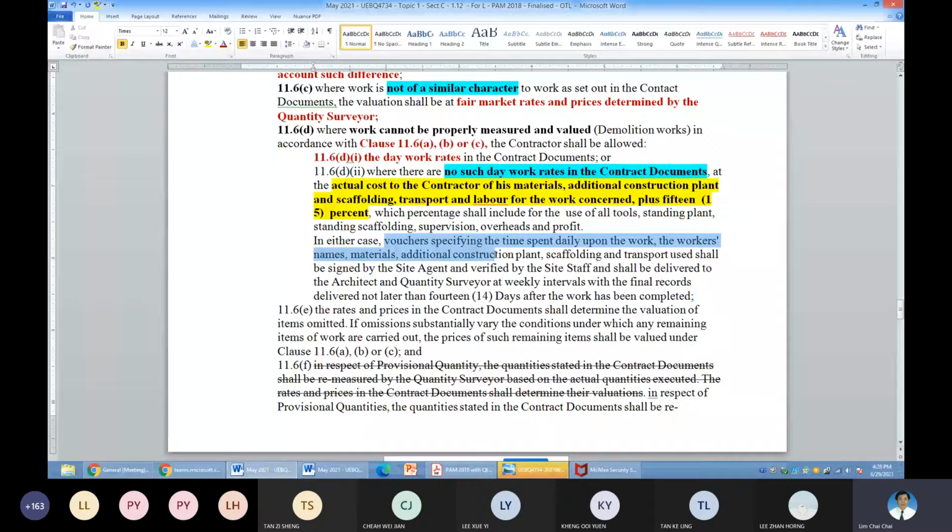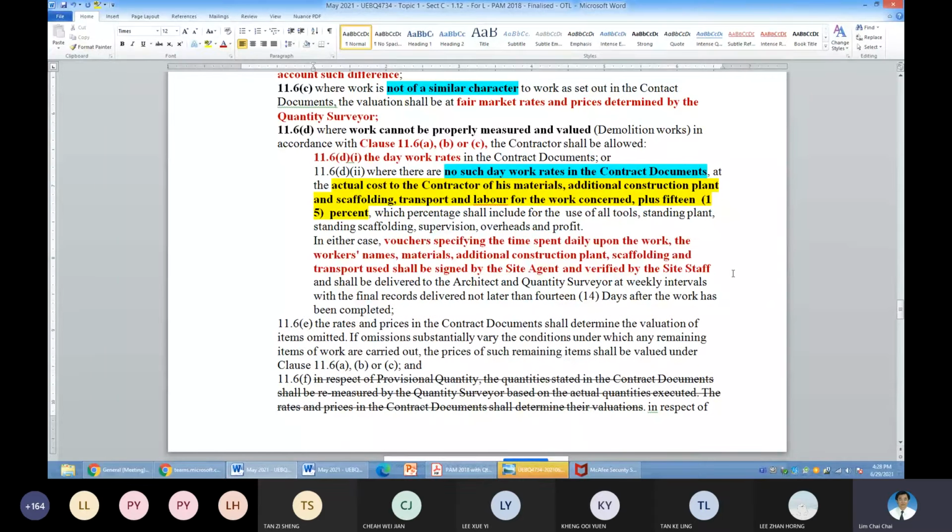This is important. As a QS, you can only depend on the documents that are produced by the site staff, signed by the site staff and by the site agent or the representative of the site agent.